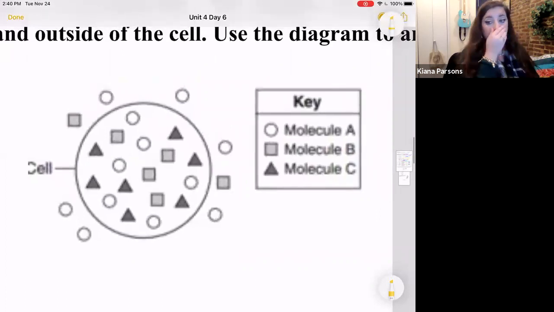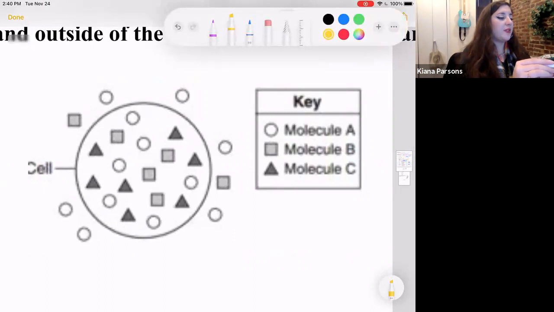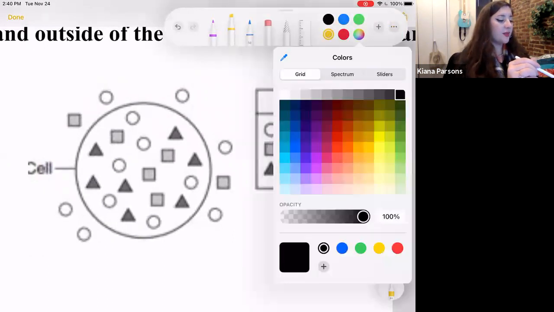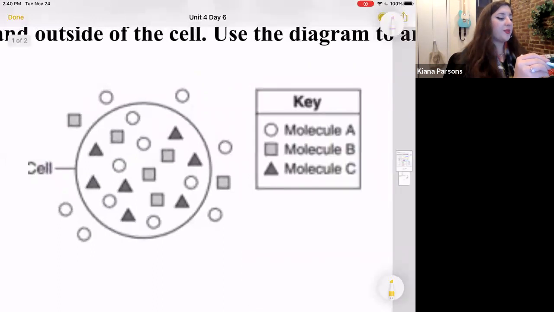So let's go ahead and look at this diagram. This is similar to a lot of the diagrams that we've been seeing on Castle Learning as we've been reviewing this unit. So molecule A, represented by little circles.